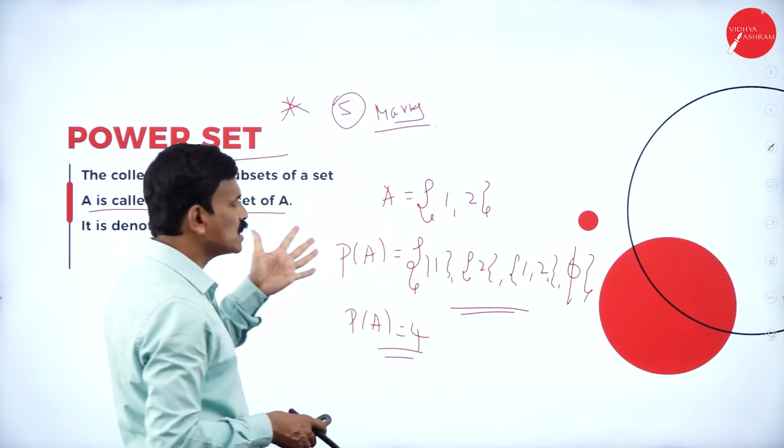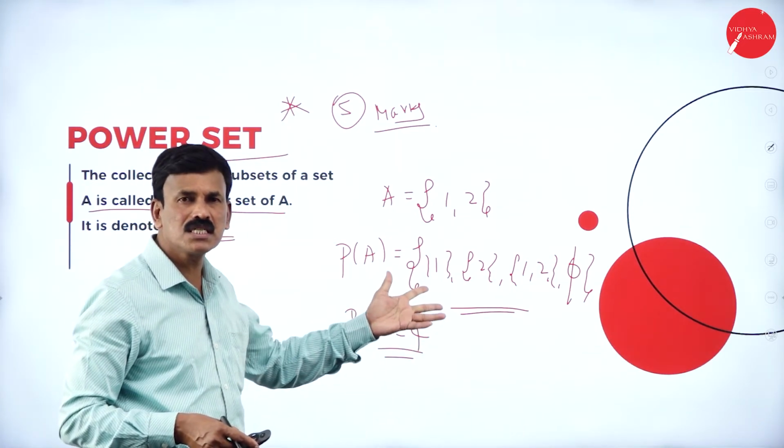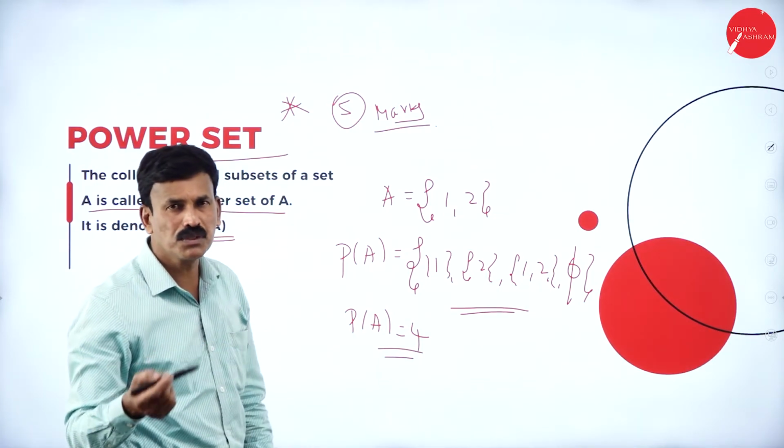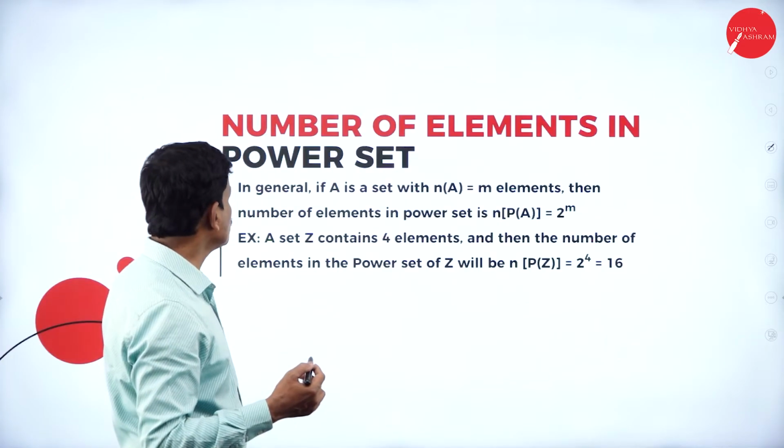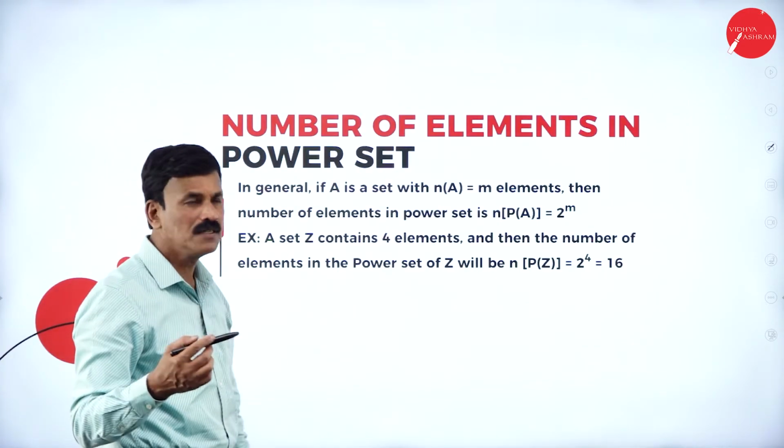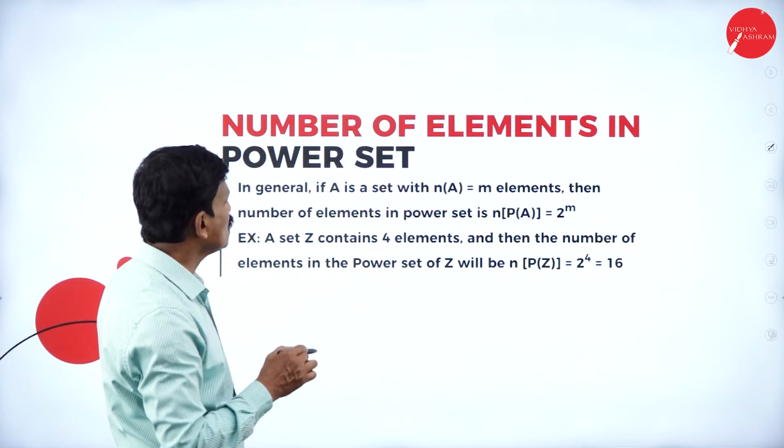The set of all subsets of the given set is called the power set, denoted as P of A. Now, there is one general formula for the number of elements in the power set.